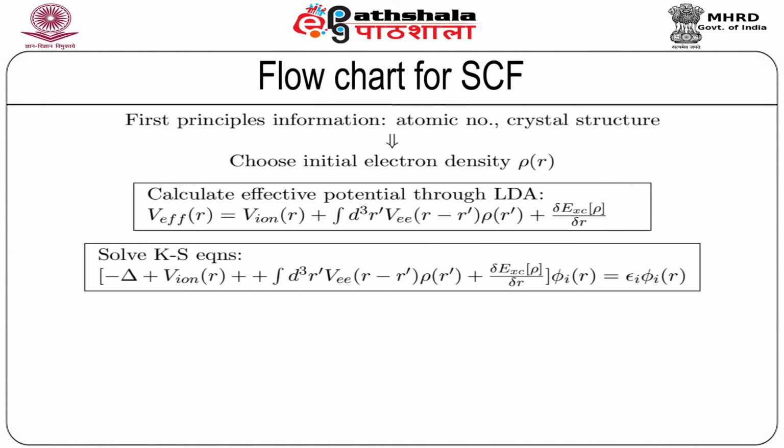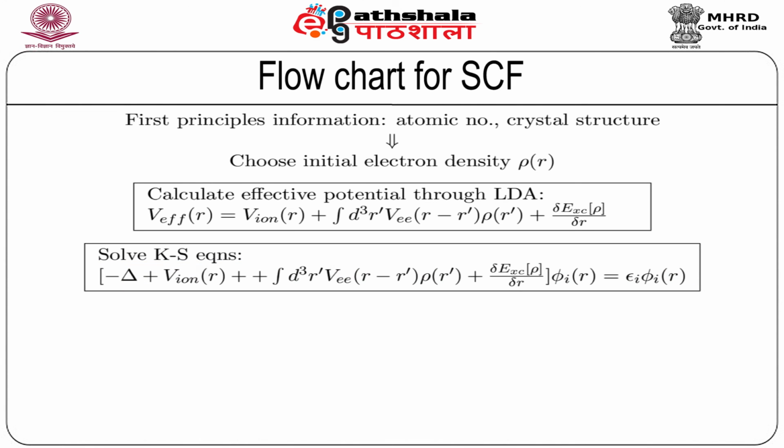And once we know this effective potential, one basically solves the Kohn-Sham equation, which is given here, which is minus half del squared, the Laplacian, plus the contribution from the ion, the contribution from the Coulomb part, the contribution of the exchange correlation, times phi i is equal to epsilon i phi i.